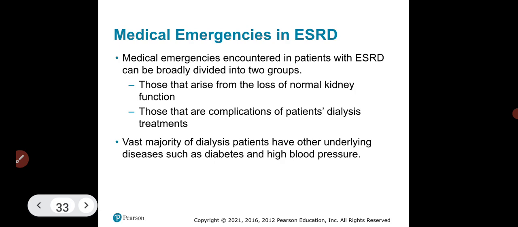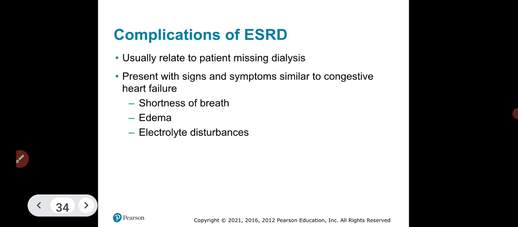The vast majority of dialysis patients have other underlying diseases such as diabetes and high blood pressure. Complications usually relate to the patient missing dialysis, presenting with signs and symptoms similar to congestive heart failure, which is shortness of breath, edema, and an electrolyte imbalance.